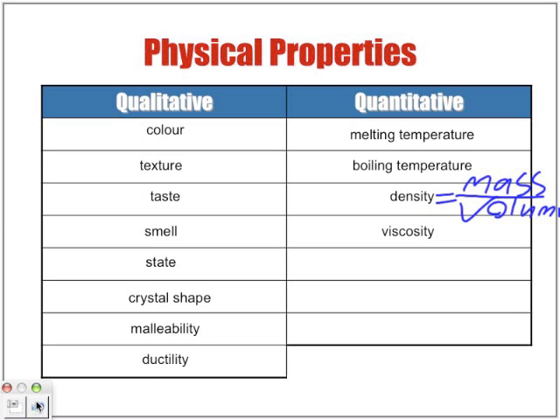Viscosity is how thick the substance is, like water is less thick than syrup. Solubility, the electrical conductivity, and the heat conductivity.